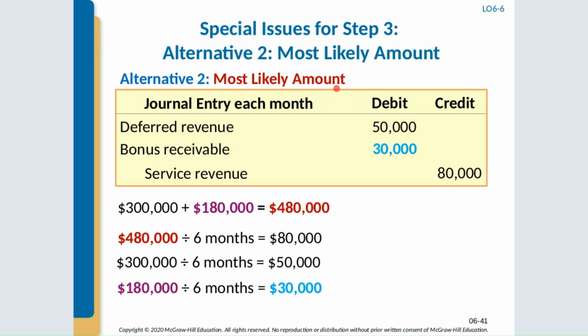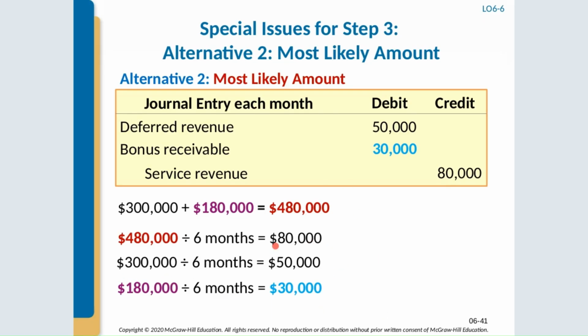The second option is the most likely amount. As long as it's 50% or greater, then we are going to go ahead and recognize it. We're going to say the likelihood that this is going to take place is high, and therefore we're going to recognize it. So here, the deferred revenue is the 300,000 divided by 6.